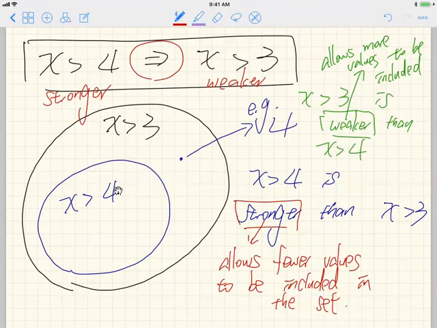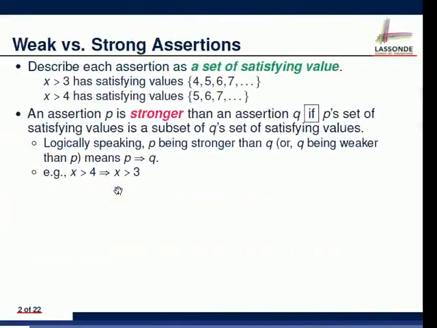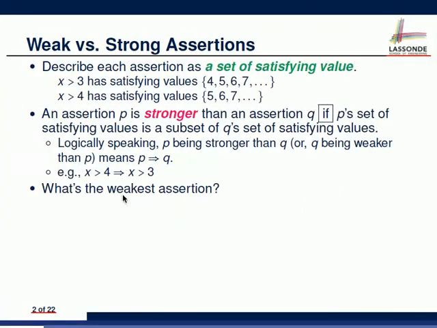We'll get there. Now, let's do a little bit of practice. Given that we agree on strong versus weak, what is the weakest assertion? Why do you think true is the weakest assertion?